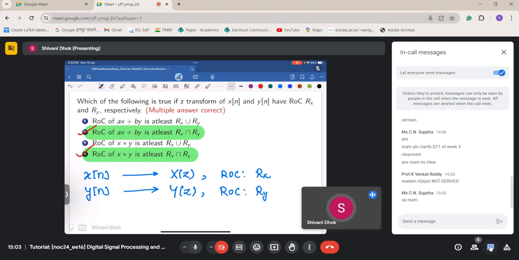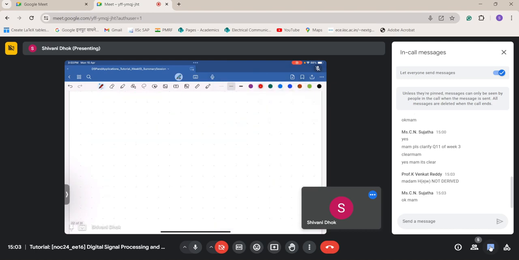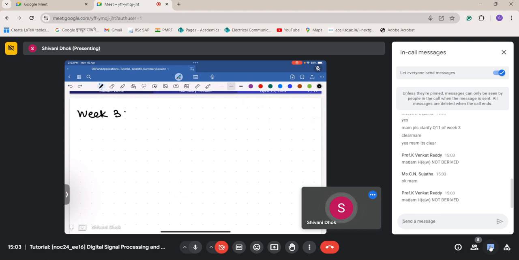Sorry, it's not even a question of Fourier transform. It's simply a convolution question. This is the last question that I'm solving, which I haven't included here because these solutions are there.